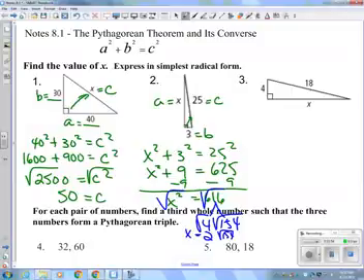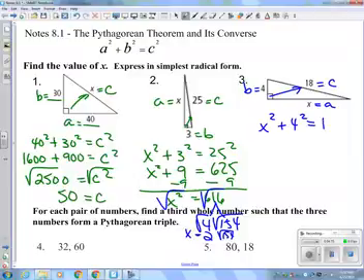And then for this one over here, the one across from the right angle is C. So since the two legs, it doesn't matter which one's A or B, I always make the one missing A. And therefore I have x squared plus 4 squared equals 18 squared.